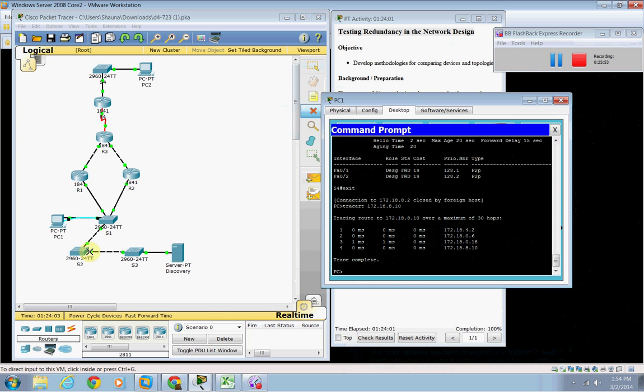So it went from router 1 to router 3 to router 4.